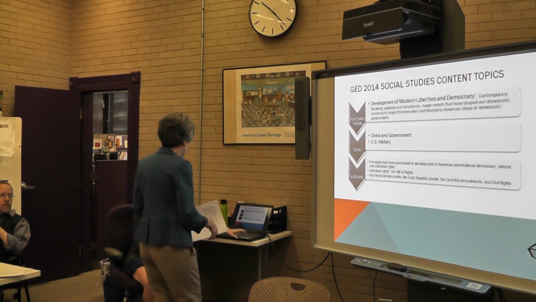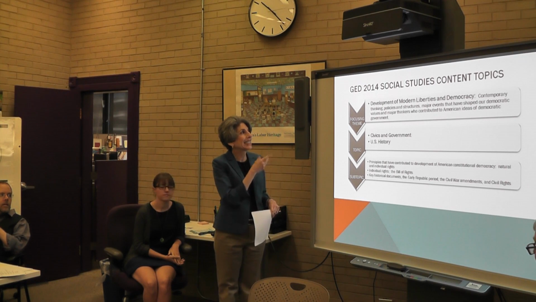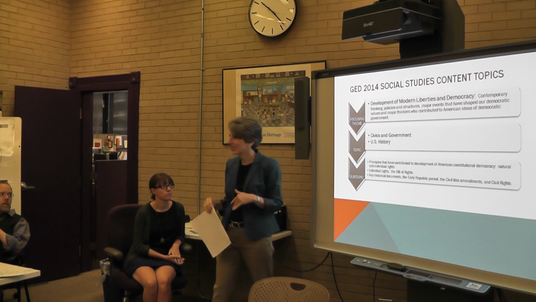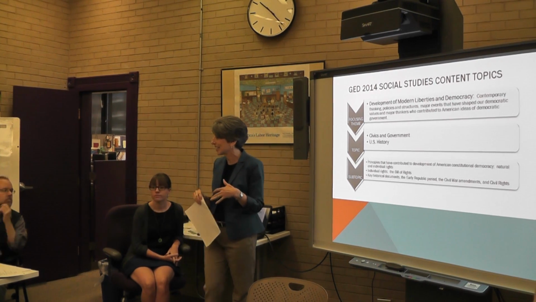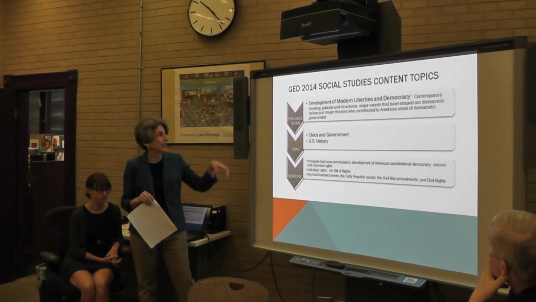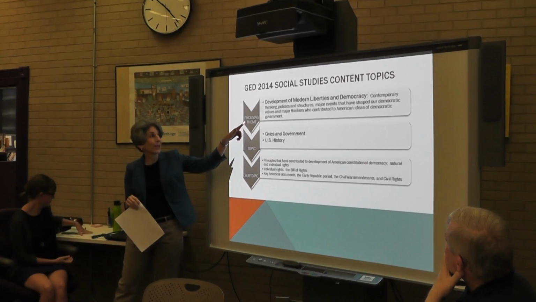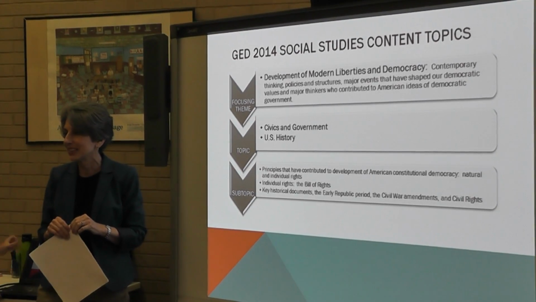Okay, so with our first slide here, the GED Testing Service has come up with a scheme for what content questions will be included in the test. They have two focusing themes, and the one I chose to work with is the development of modern liberties and democracy.